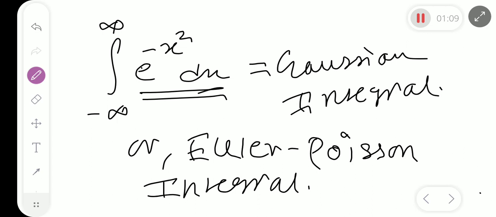So first of all, what is the graph of this function? It is e to the power minus x square.